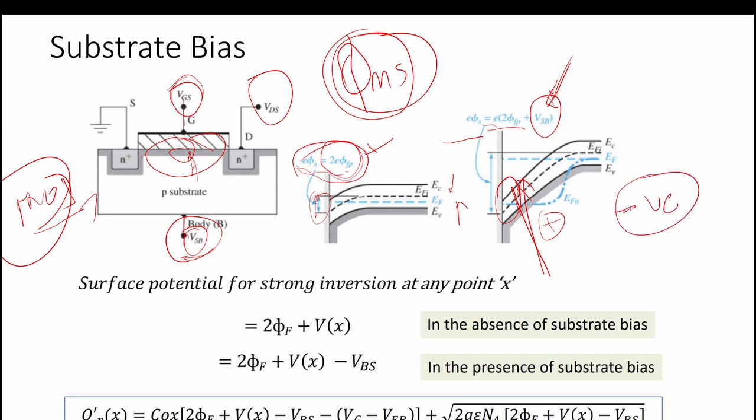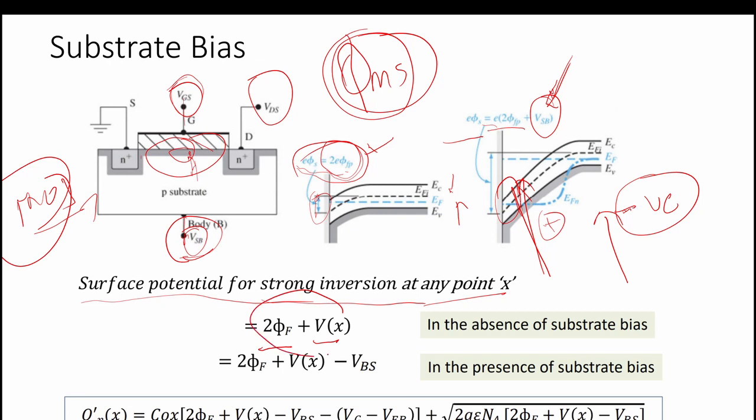VSB and VBS are conventions that different books follow, but what we are saying is that at this junction we apply a negative voltage. It will modulate the threshold voltage of the device. So the surface potential of strong inversion at any point x will be modified to 2 phi f plus Vx.